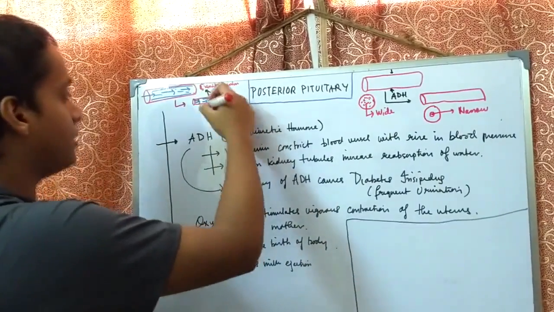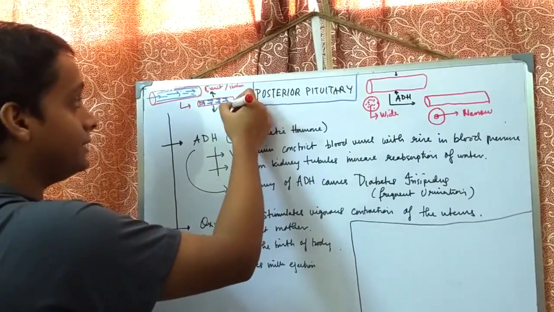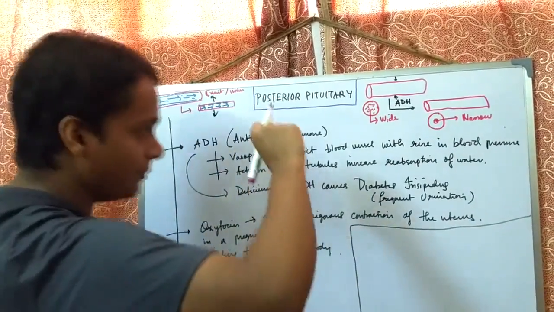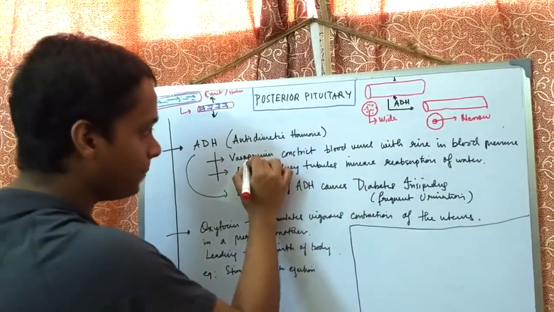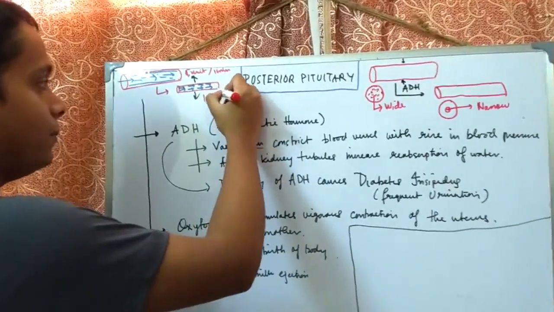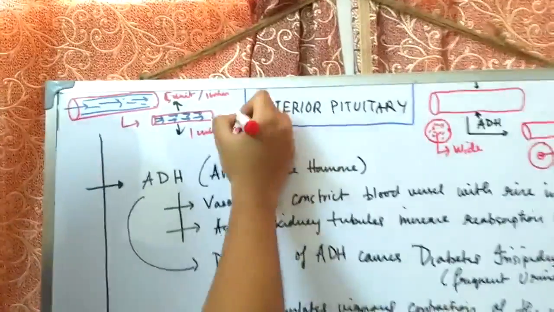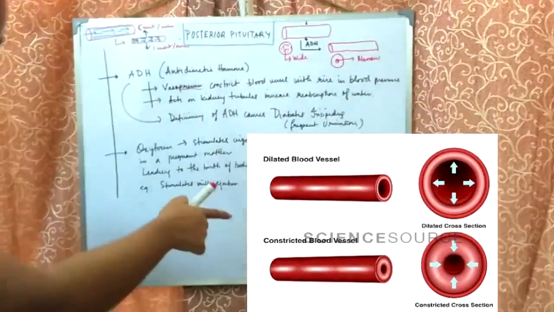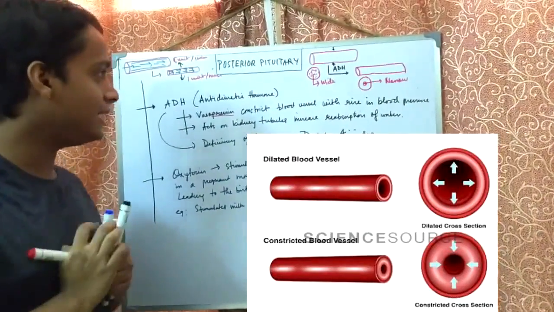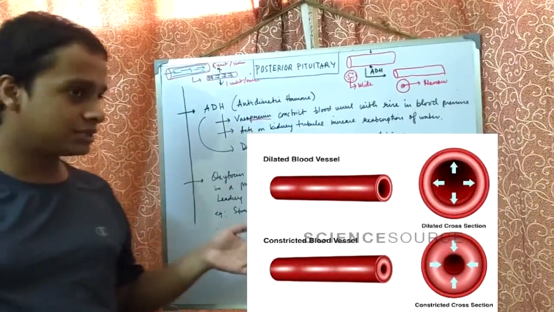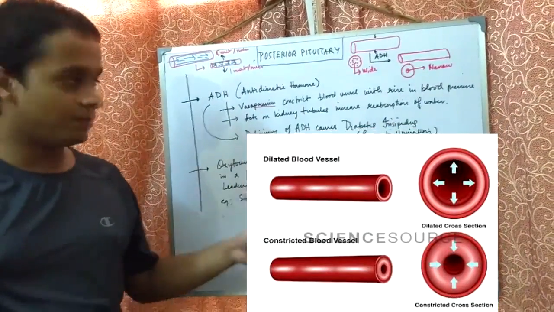After the constriction by ADH, vasopressin has pressed the blood vessel, and you will see 1 unit of blood moving per minute. Now you can see here how a constricted blood vessel and a normal blood vessel look.